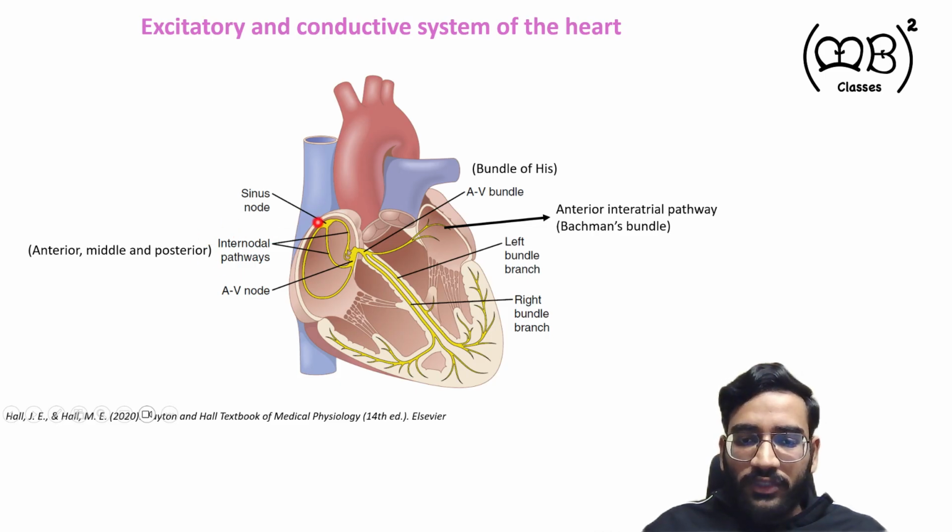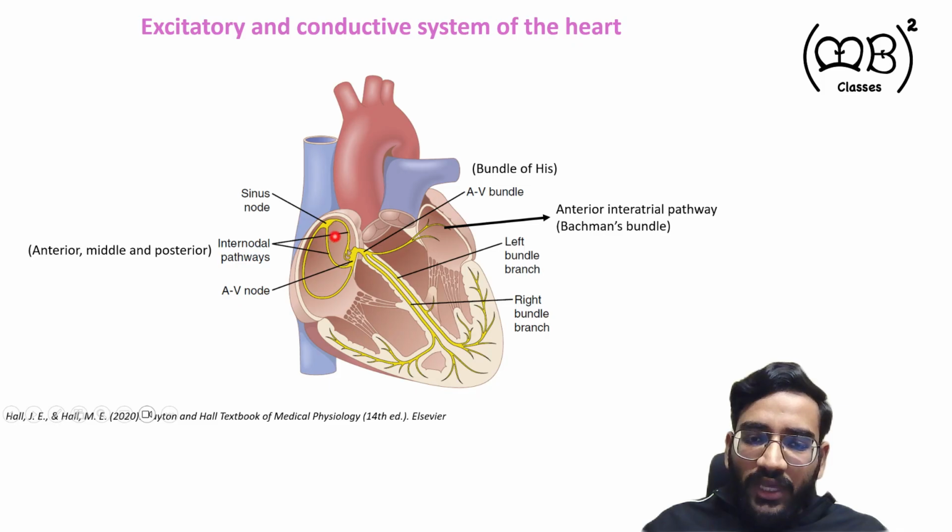So these three pathways will lead to the impulse transmission from the SA node to the AV node. From the AV node, there will be the AV bundle, which is also known as the bundle of His, which will transmit the impulses to the ventricles via the Purkinje fibers. This bundle of His will divide into the left bundle branch and the right bundle branch, and then the Purkinje fibers will go on to innervate the ventricular musculature.